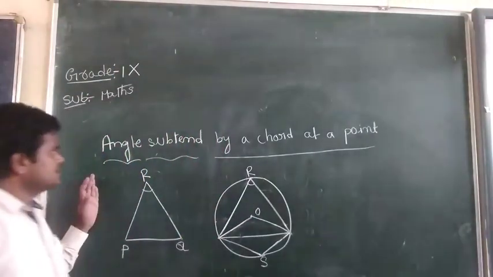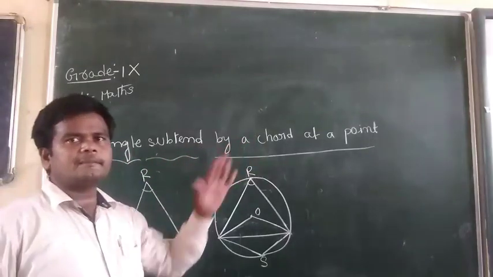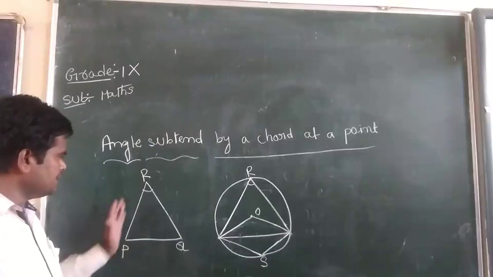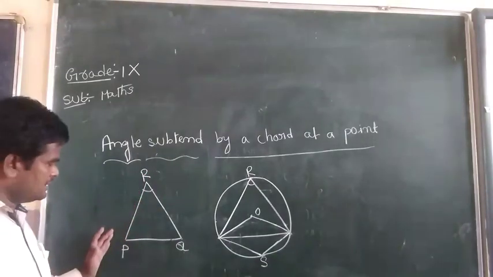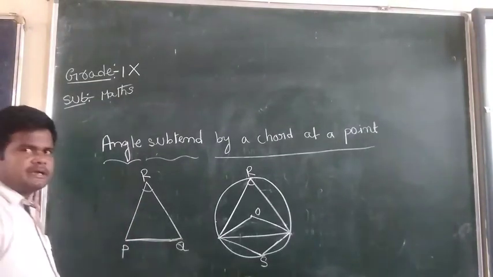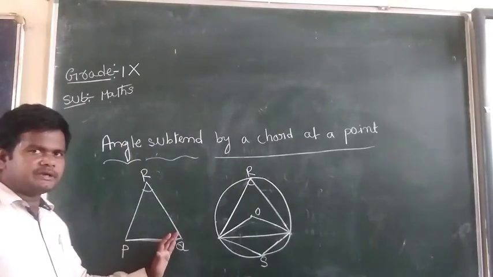The next topic is the angle subtended by a chord at a point. Observe the figure. This is the triangle PQR. Here PQ is a line segment, and R does not lie on PQ.